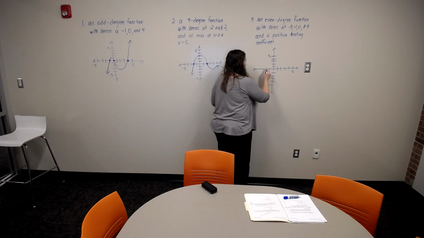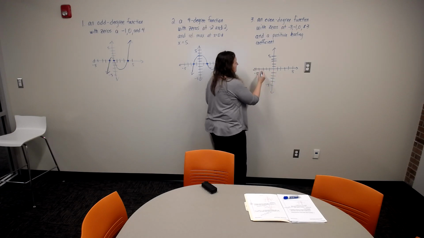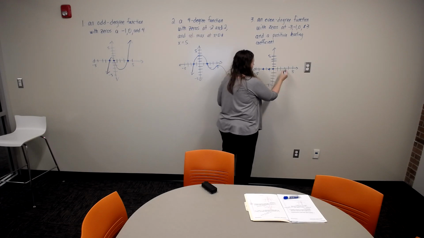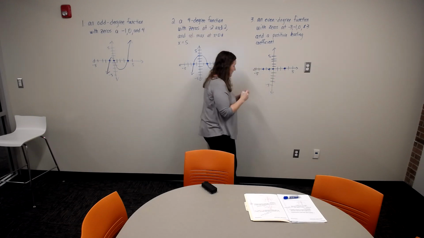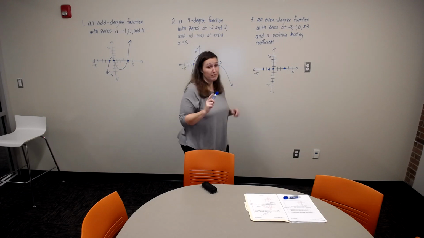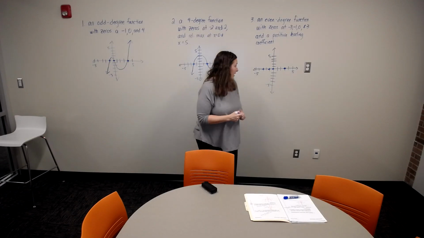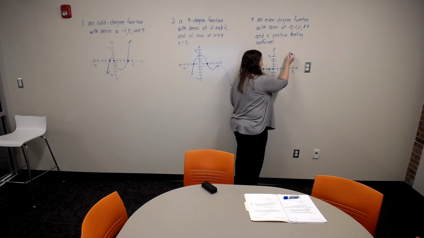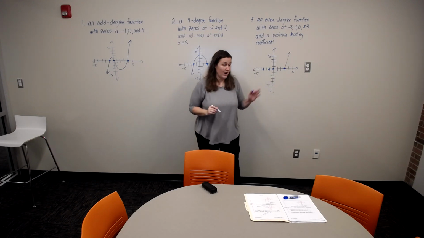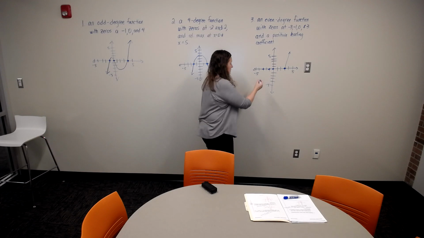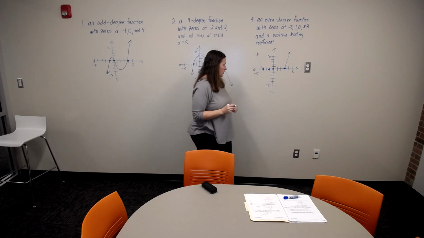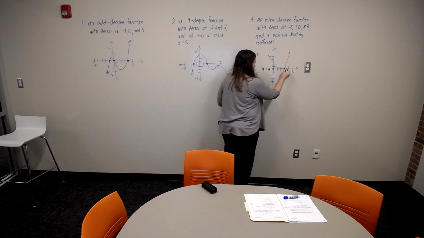All right, now I'm going to put my zeros at -3, -1, 0, and 3. Because it has a positive leading coefficient, it means it needs to end pointing upwards on the right side, which means also on the left side, I know it needs to end facing upwards as well. Let's see if I can connect it doing that.